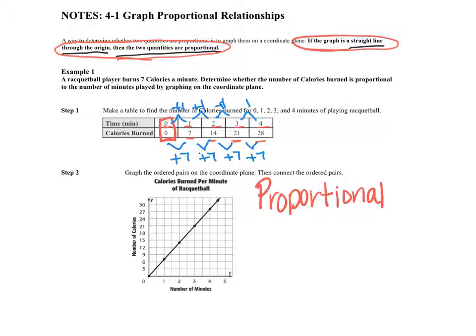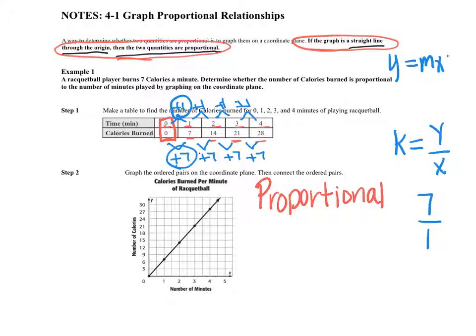So if you remember that, we said K equals the change in y over the change in x. So if I said the change in y is 7 over the change in x, 1, then that's going to be our K. And remember, we also said that y equals mx plus or minus b.